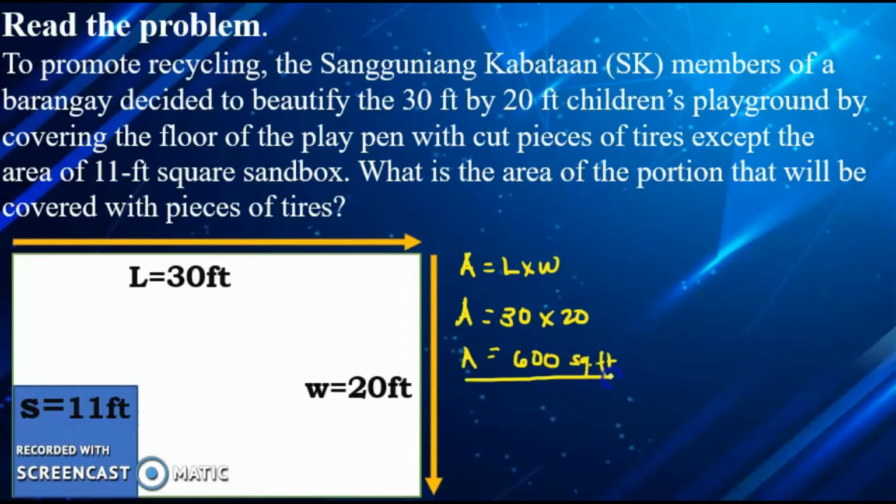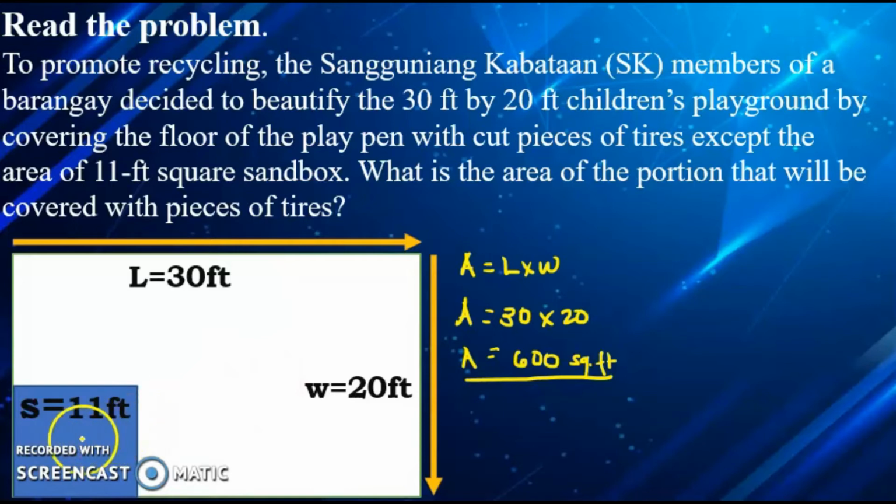Okay. So, ang area ng ating buong playground, buo yan na, kasama na itong sandbox, that is 600 square feet. Okay? Kaya lang, hindi natin malalagyan lahat ng tires kasi nga may sandbox.